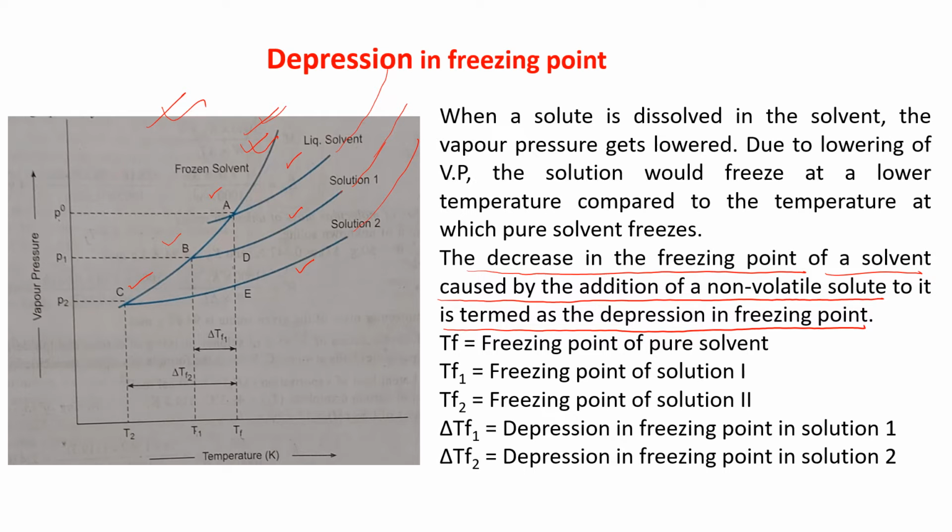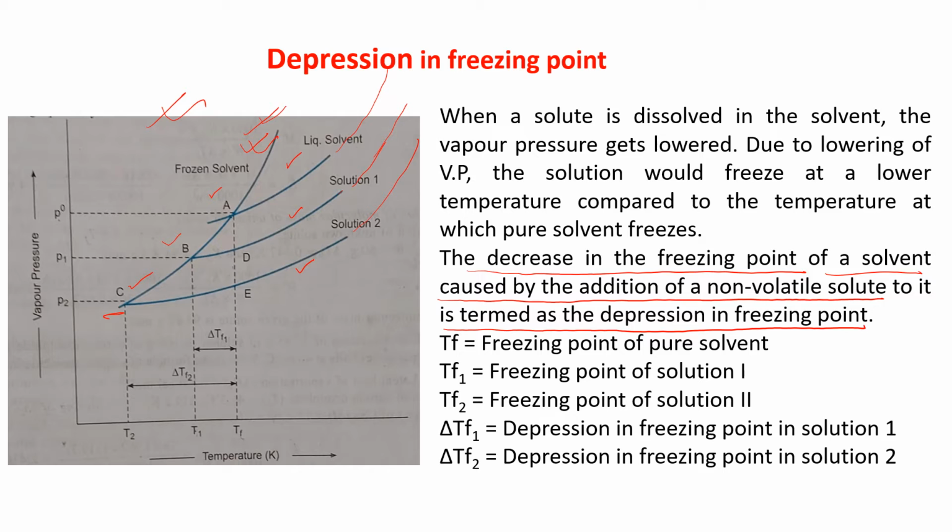If the concentration of the solution is more, then its freezing point gets lowered, and that is why the freezing point of solution 2 is lower than B or A, because the concentration of solution 2 is more than the concentration of solution 1, and pure solvent has no solute.